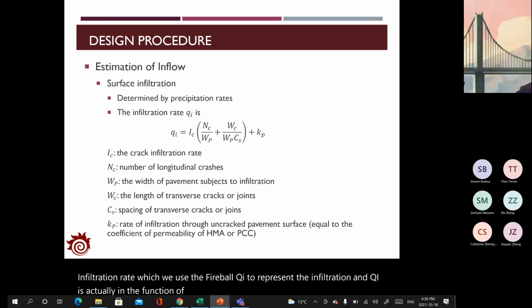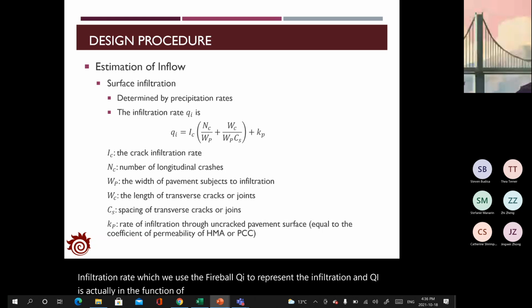which would be usually related to the coefficient of the water entering the cracks to the lower pavement layers. NC is the number of the longitudinal cracks. This one is actually related to the width of the pavement structure and also to the number of lanes.